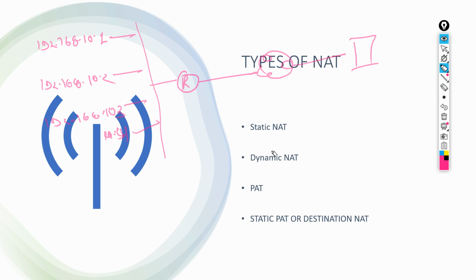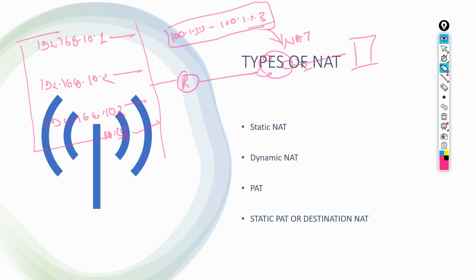So in dynamic NAT, we have four users, and we purchase some pool of public IP, like 100.1.1.1 to 100.1.1.3. I purchase these IP addresses, I configure the NAT, and I configure this complete pool here.